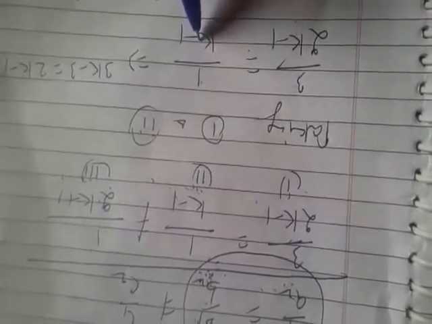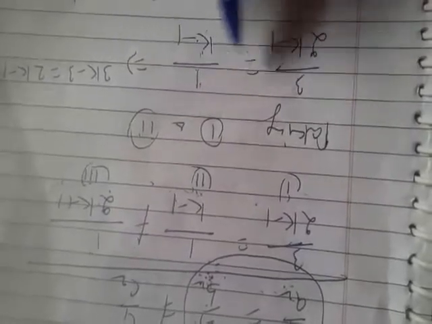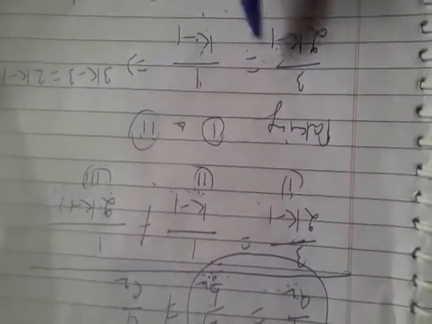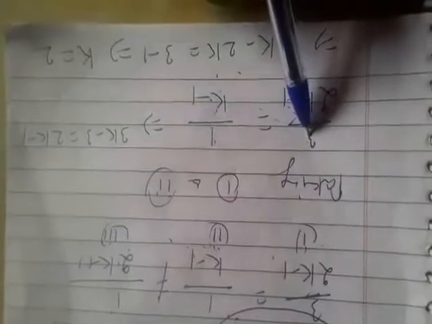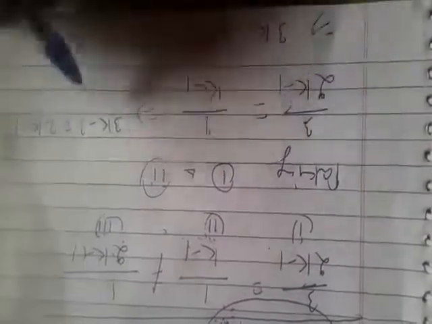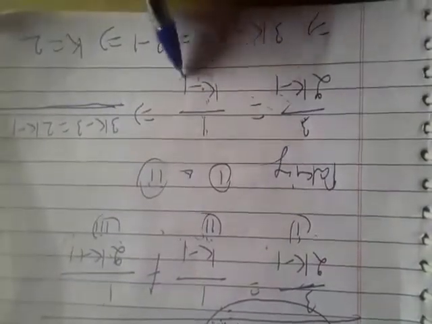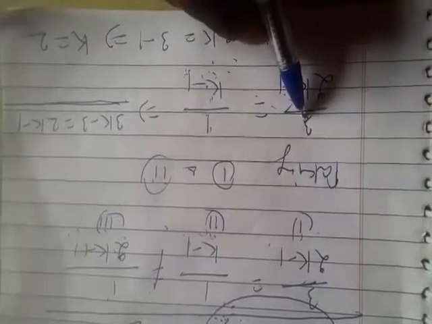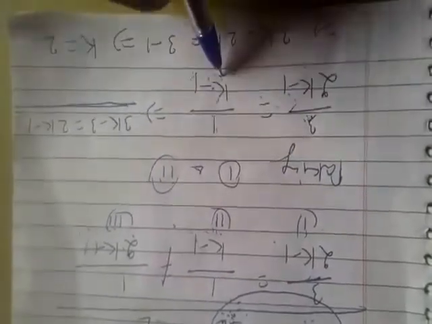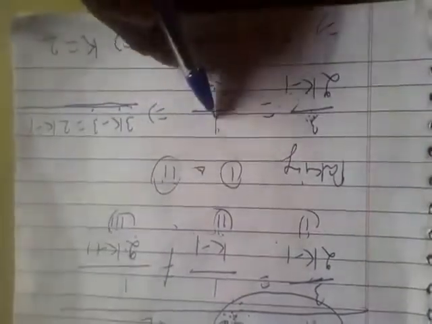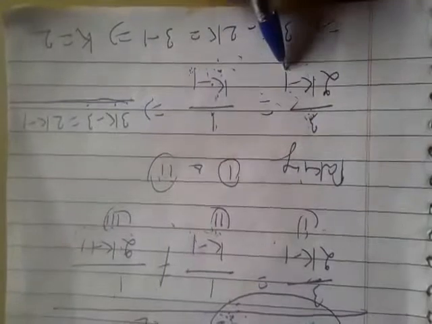By taking these two conditions together, we have simplified it, and by cross multiplication we get 3 times (k minus 1) is equals to 2k minus 1. This 3 is multiplied to each term of k minus 1. 3 multiplied to k will give 3k, and 3 multiplied to minus 1 will give minus 3. And 1 when multiplied to 2k minus 1 will be equal to 2k minus 1.